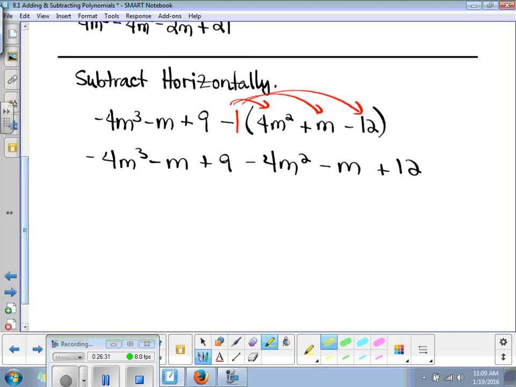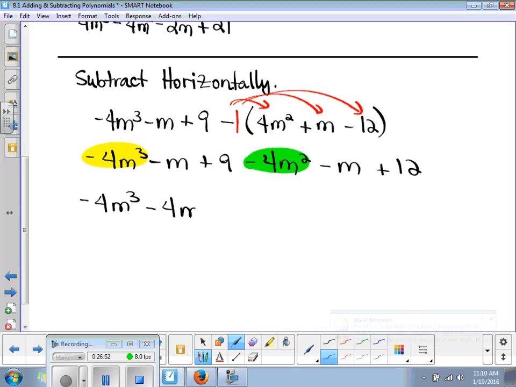So here we've got just the 4m cubed, right? Let's combine them all at the same time. And then we've got the negative 4m squared. So let's go ahead and just do that. So we've got negative 4m cubed minus 4m squared. And now I've got a negative m and a negative m.